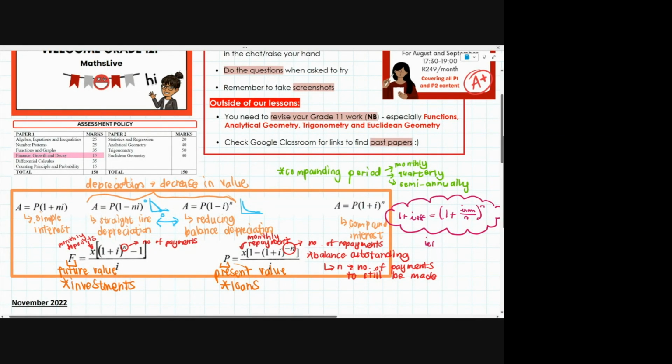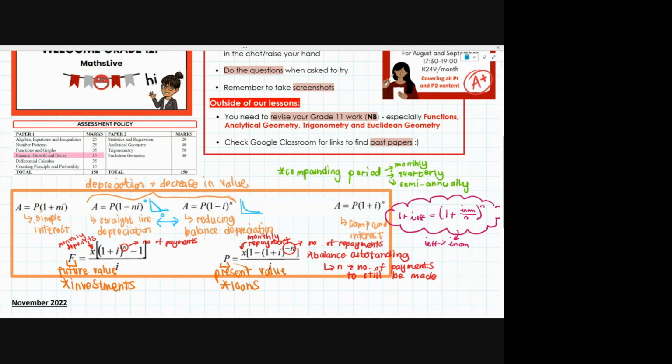So this effective interest rate is always going to be bigger than your nominal interest rate. That's just a way to sort of check yourself. If you get a question to convert nominal to effective or effective to nominal, whatever the case is, you can double check. If your effective ends up being less than your nominal, you know you've done something wrong.